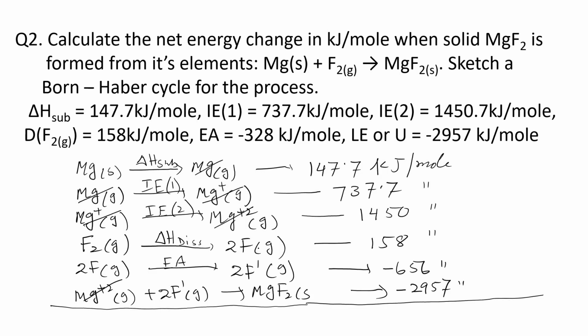This twice F gas on this side and twice F gas on the other side is also cancelled. Then twice F minus on this side and twice F minus on the other side are cancelled. So what is left over now?